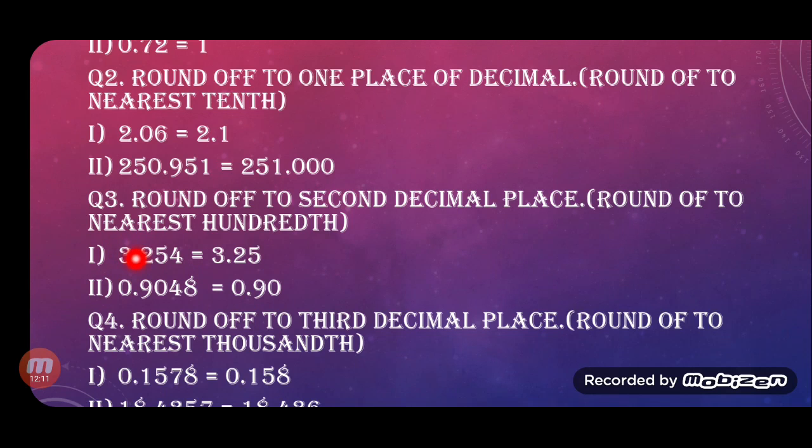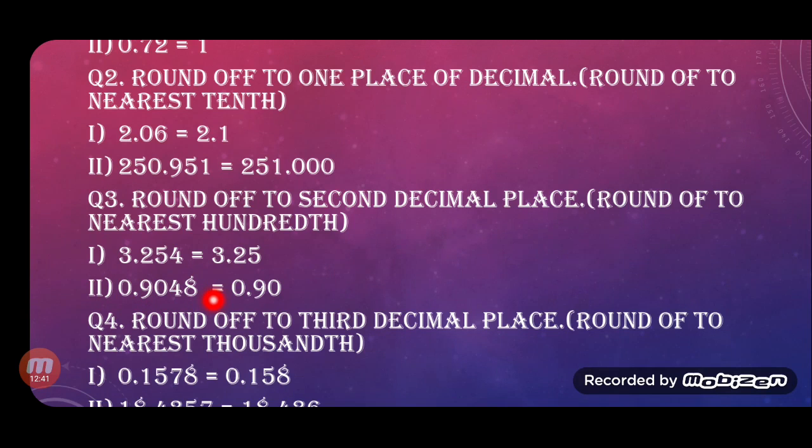I told you if the digit is less than 5, do not change the rounding digit but drop all the digits to the right side. As the thousandths digit is 4, less than 5, we will not change the digit and we will drop all the digits on the right side. So the rounded number is 3.25.